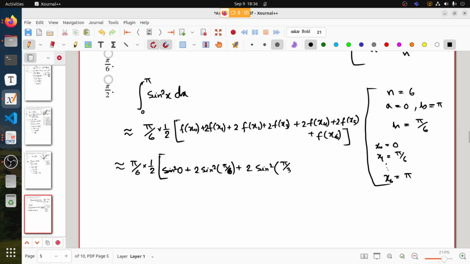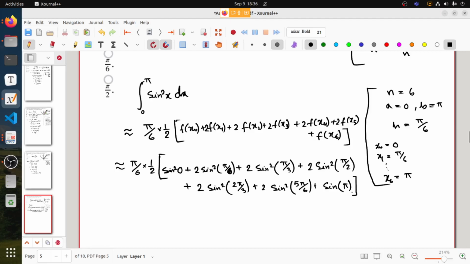Pi by 3 plus pi by 6 is pi by 2, 2 into sin square pi by 2, plus 2 into sin square of pi by 2 plus pi by 6, which is 2 pi by 3, plus 2 into sin square of 2 pi by 3 plus pi by 6, which is 5 pi by 6, plus sin square of the last one, pi, right? 5 pi by 6 plus pi by 6 gives the value pi.